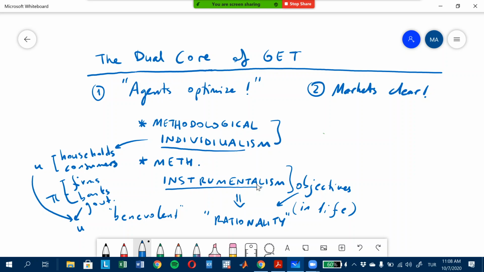Now the third important methodological foundation is equilibrium reasoning. What does it mean? It means that we analyze these economies as if they always try to reach an equilibrium.